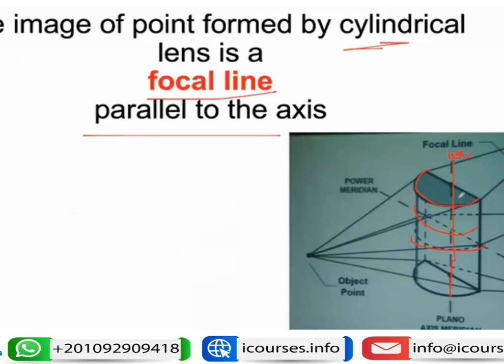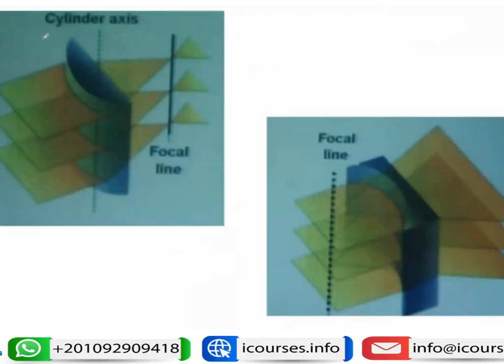So again, here is a cylindrical lens. It's a convex cylindrical lens. The convex cylindrical lens has an axis. This axis doesn't have any power, and it has a curved surface, which acts as a spherical lens.